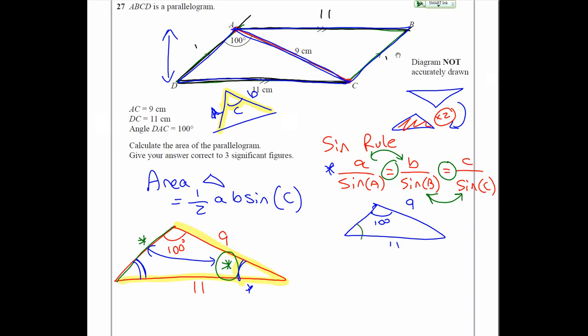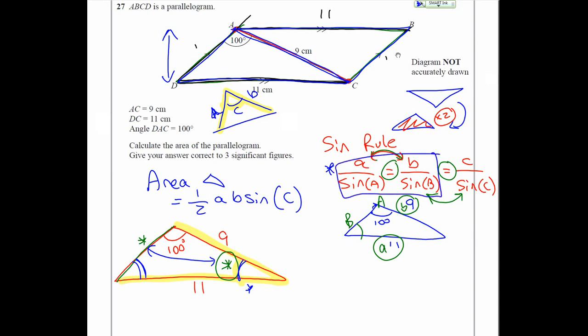So let's label it. Let's say that this 11 is A, and this angle is then going to be A because it's opposite. This length, let's say B, so the opposite angle is going to be B. So we're using this first part of the formula, not the whole thing. We just need one little section of it.